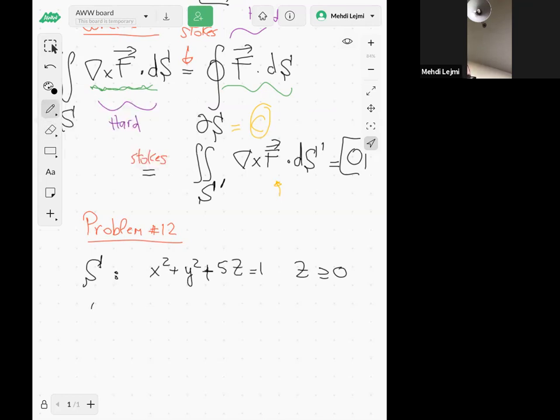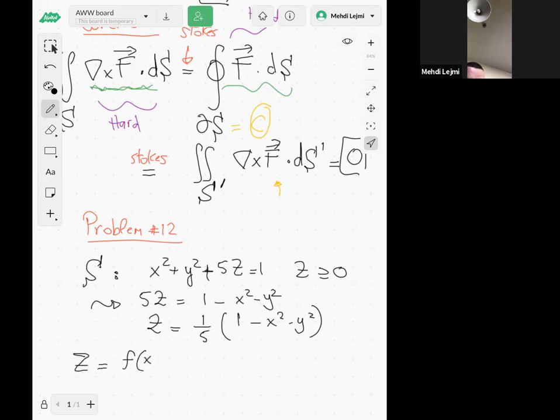So 5z would be 1 minus x squared minus y squared, so z would be 1 over 5 times 1 minus x squared minus y squared.